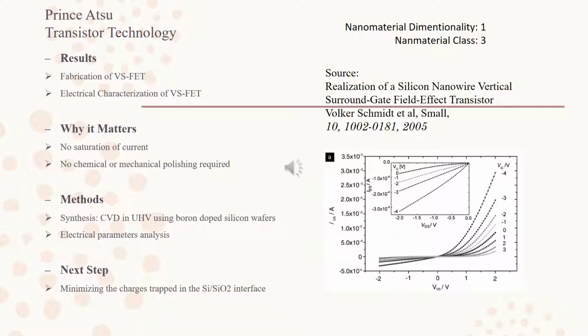The concept of silicon VS-FET, which is a vertical surround gate field effect transistor, which I'll be referring to as VS-FET for most parts of this presentation, would require an n-doped nanowire in the region of the gate and a p-doped one elsewhere, making a PNP structure.